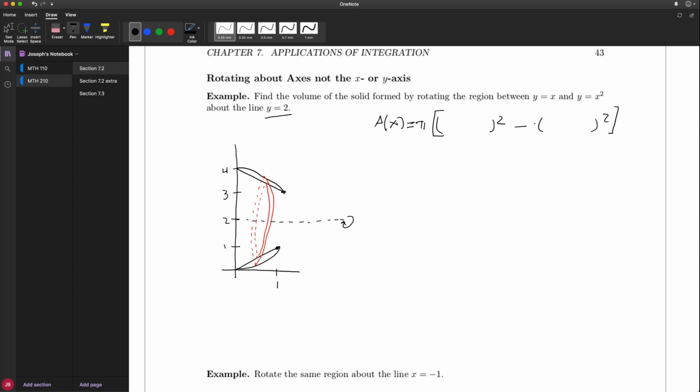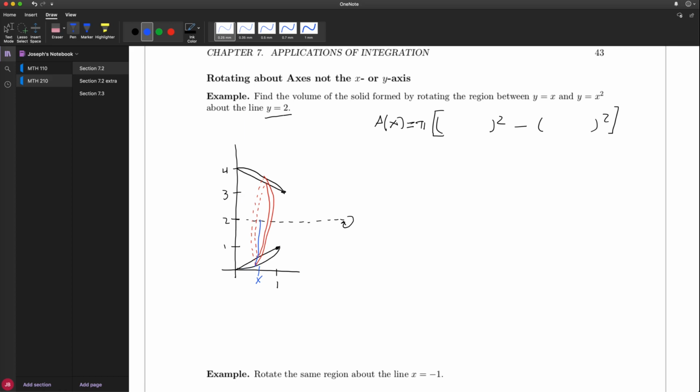Let's see if we can fill in what the outer radius is first. We're going to pick an x value here in 0 to 1, and we need this length here. Like I said, it involves the x squared function, but it's not x squared just by itself.